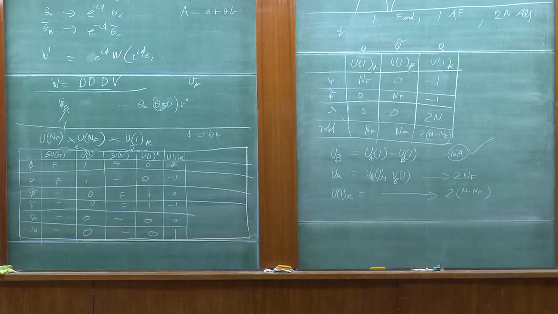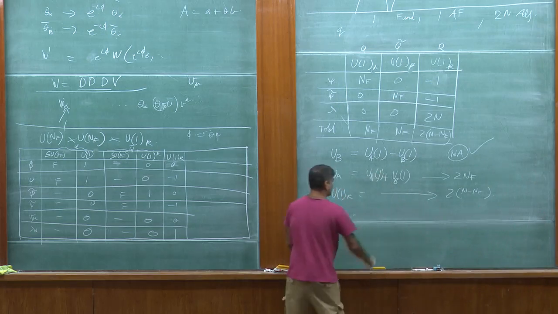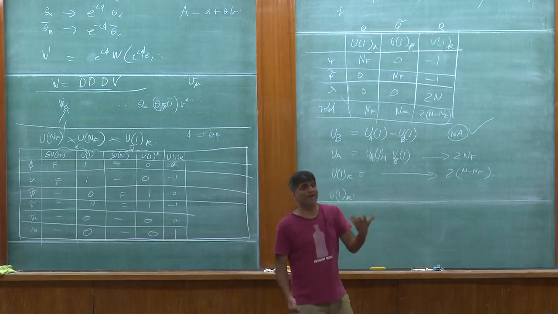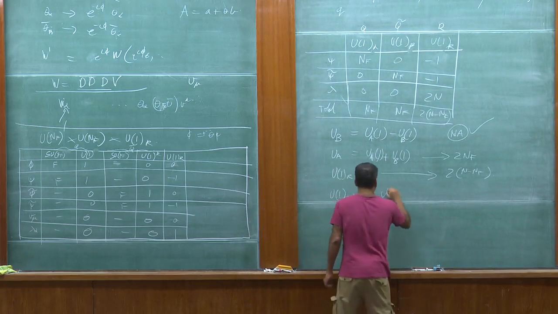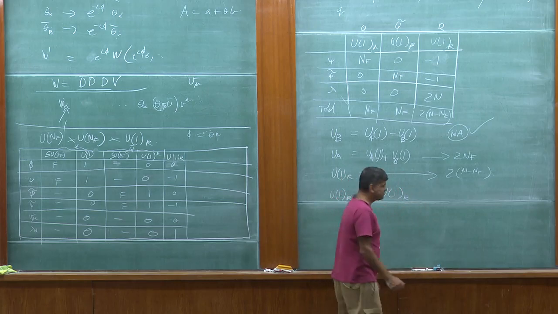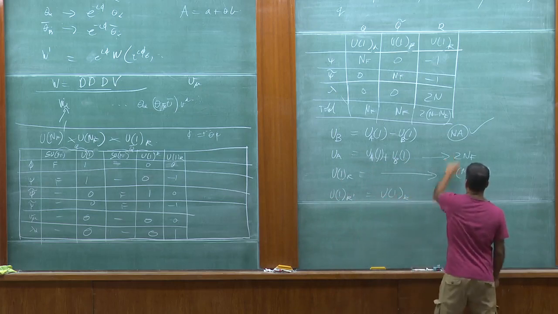So now suppose I define a new R symmetry, let's call it U1 R prime. I want all my R symmetries always to have charge 1 for the gauginos. So it will be equal to U1R, I won't change the coefficient of that, so that the gaugino will always carry charge 1. But then I will subtract what I need of this.